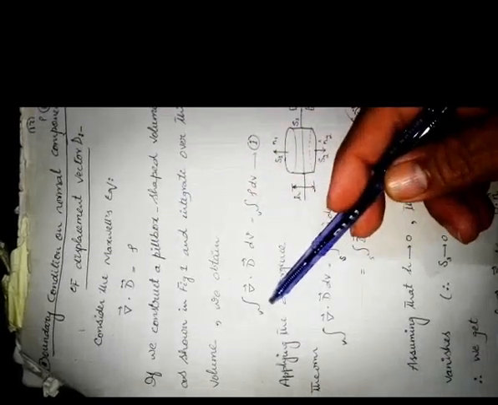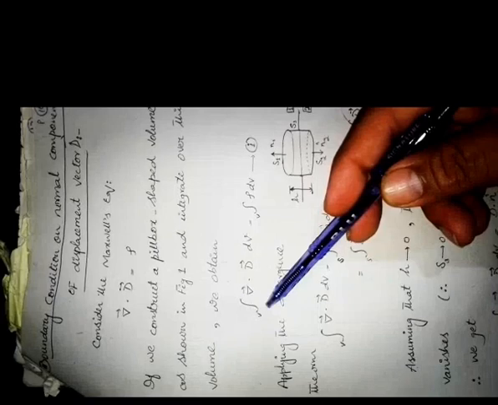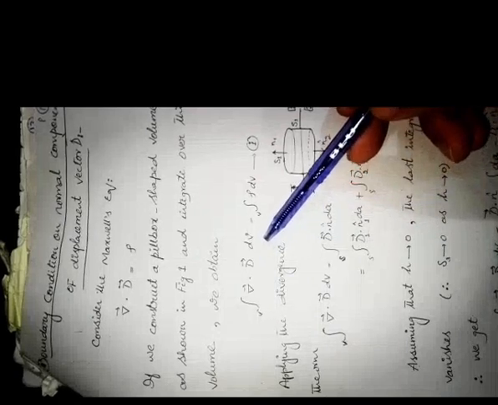So for deriving the boundary conditions for D, we rewrite this equation and integrate it over volume V on both sides. So we get the volume integral del dot D dV equal to the volume integral rho dV.